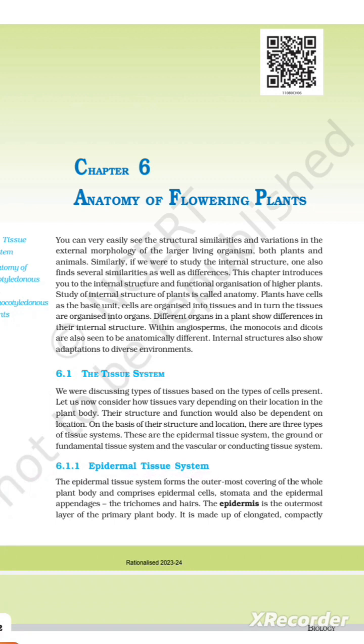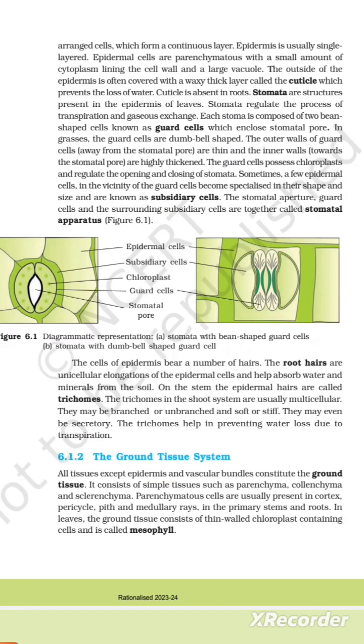6.1.1 Epidermal tissue system. The epidermal tissue system forms the outermost covering of the whole plant body and comprises epidermal cells, stomata, and the epidermal appendages, the trichomes and hairs. The epidermis is the outermost layer of the primary plant body. It is made up of elongated, compactly arranged cells which form a continuous layer.